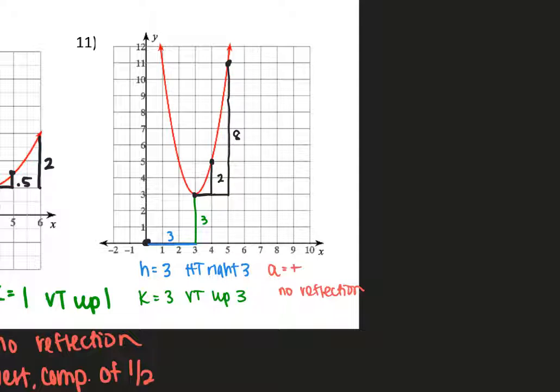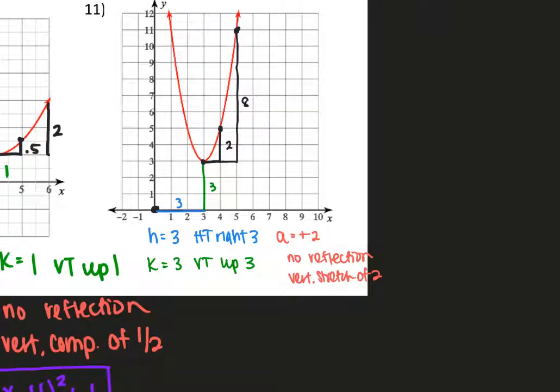So since those vertical distances are double what we would normally see in our parent function, that tells me the value of a is going to be positive 2, which means that there's a vertical stretch of 2. So now that I have that, I can write my equation. It's going to be f of x equals 2 (x minus 3) squared plus 3.